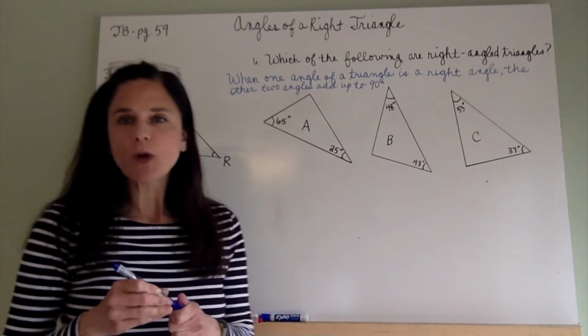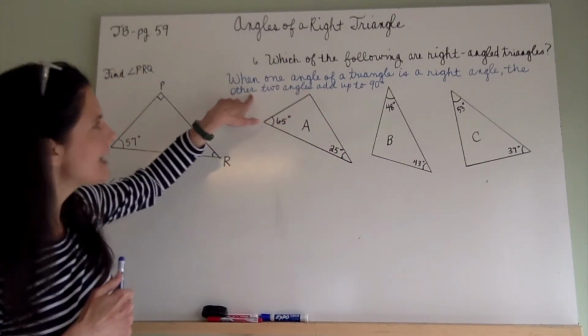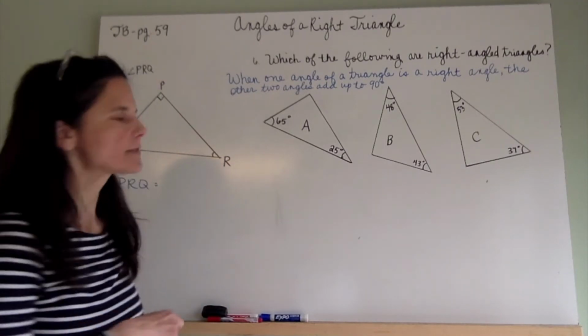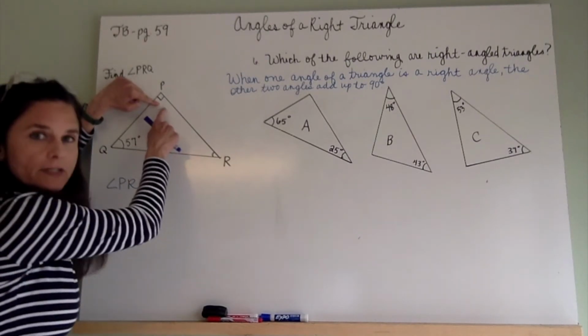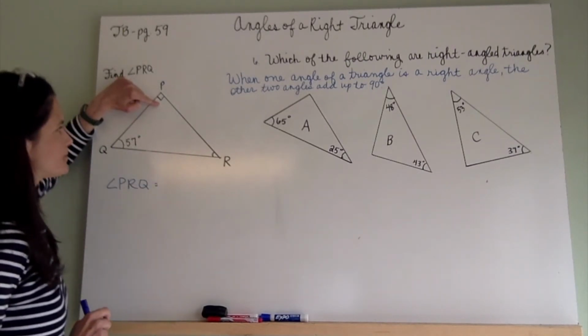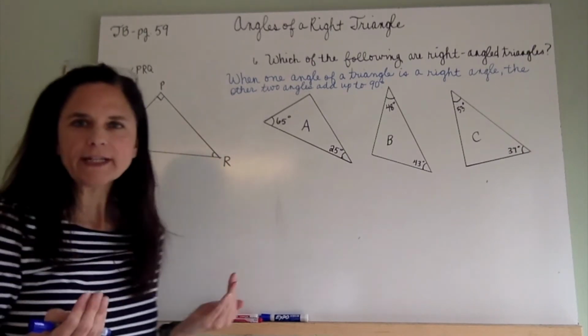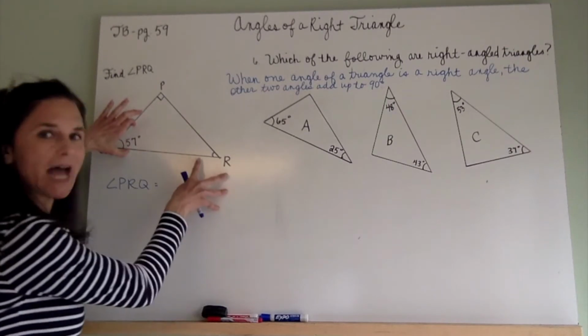Well, our new triangle property says when one angle of a triangle is a right angle, the other 2 angles add up to 90 degrees. So we know this is a 90-degree angle because of the little square in the corner. And to find this unknown angle, all we need to do is just subtract 57 from 90.